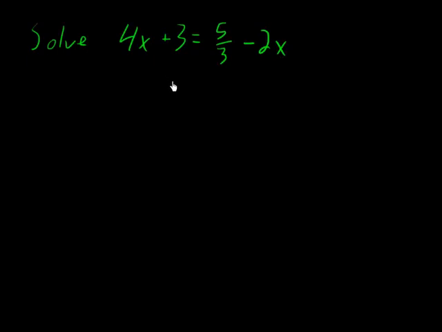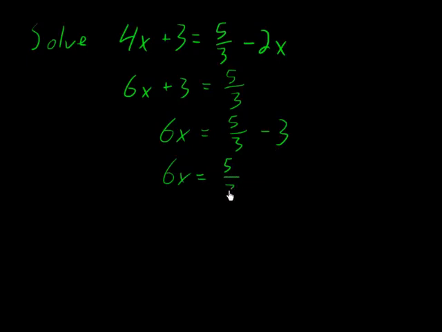So let's go through and solve this. First thing I would do is add 2x to both sides of the equation. This will give me 6x plus 3 equals 5/3. Next step, I'd subtract 3 from both sides of the equation. 6x equals 5/3 minus 3.